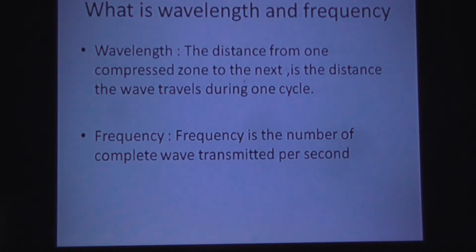Listen carefully, friends: the wavelength is the distance from one compressed zone to the next, the distance a wave travels during one cycle. This is the definition of wavelength. Now frequency. Frequency is the number of complete waves transmitted per second. So friends, this is what wavelength and frequency are all about.